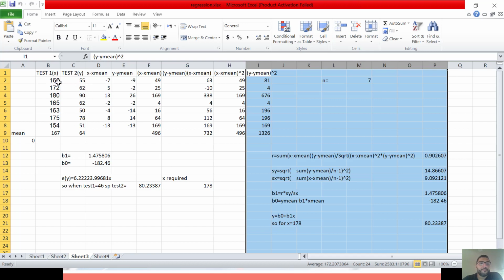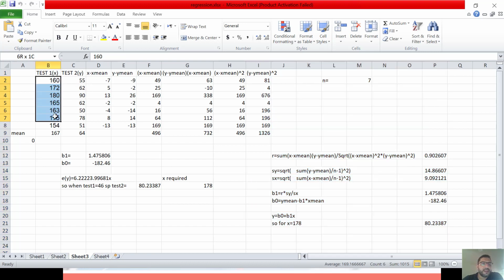So for x I'm going to get the average, and for y I'm going to get the average too. Then, as I was saying, I'm going to get the difference between this x and the mean, and here the difference between this y and the mean.